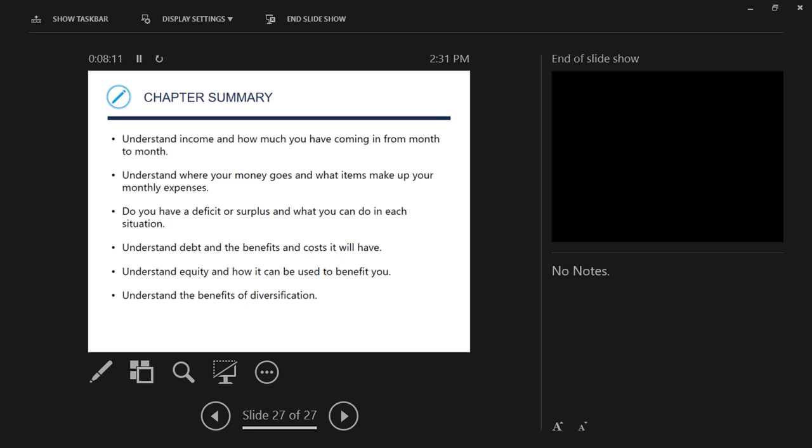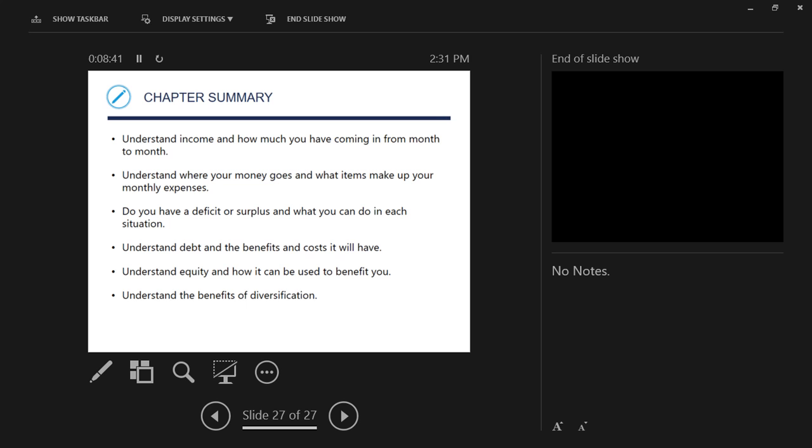So the big takeaways from Chapter 2: understand your income, what's coming in the door from month to month. Understand your expenses, and what makes up those expenses from month to month, both in your necessities, food, clothing, shelter, all those things, but then what extras do you have? How often are you going out to eat each month? And what's that cost? What are you spending to go to the movies? What are you spending to buy new video games?